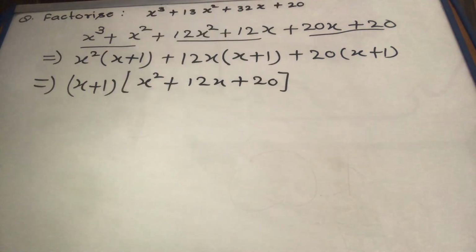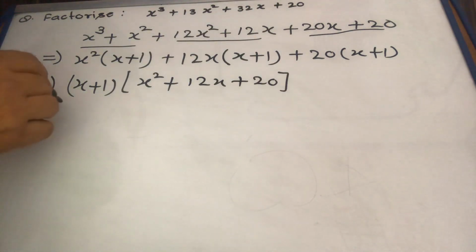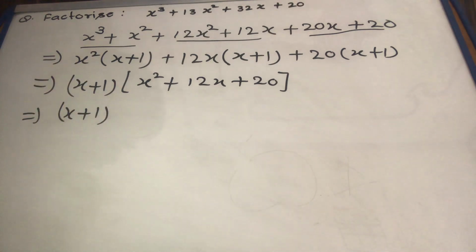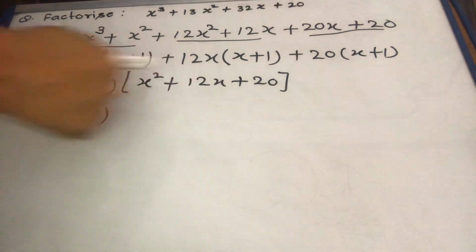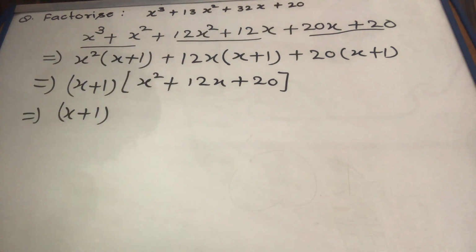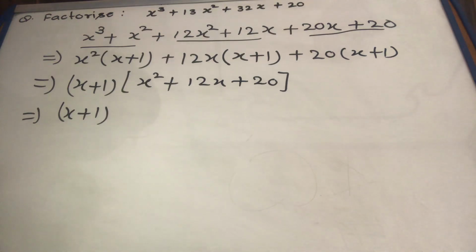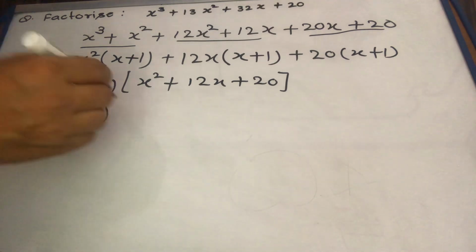Am I correct? Okay. Now in the second bracket you have a quadratic polynomial. Now you factorize this by the splitting of middle term method. So you find factors of 20 which add up to 12. That is 10 and 2. Am I correct? Yes, of course.